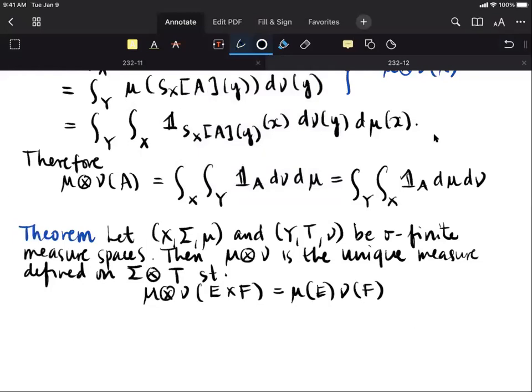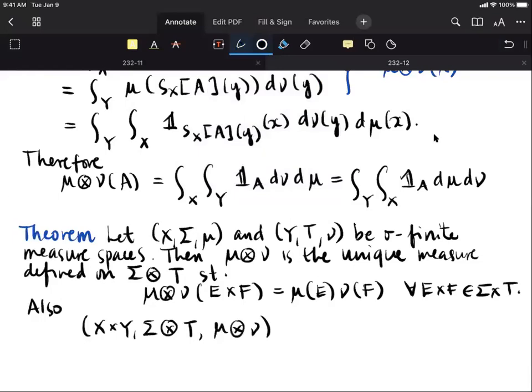This is true for any E cross F in sigma cross T. And also, this triple is a sigma finite measure space.